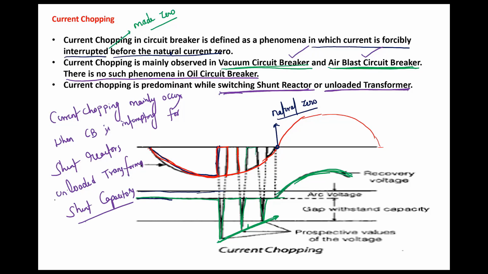When you switch on or switch off the shunt reactors, no-load transformers, and shunt capacitors, the current chopping phenomenon mainly occurs. Okay.